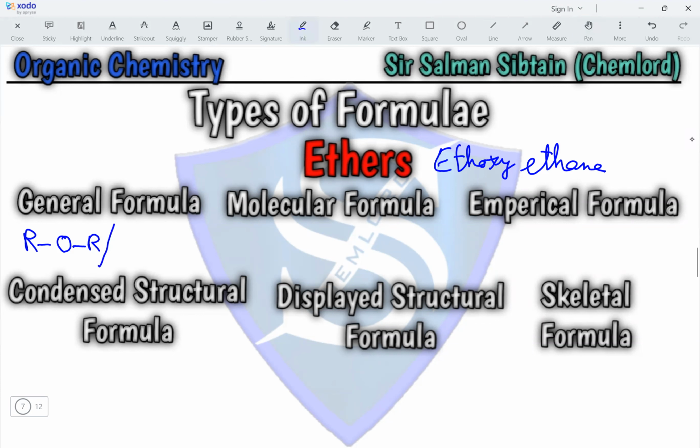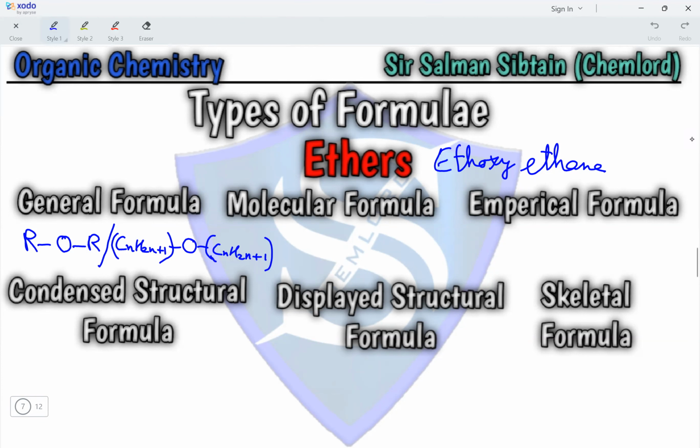And in terms of the elements present, this would be CnH2n+1 next to an oxygen atom next to another CnH2n+1. Now looking at the molecular formula of the ether, we have four carbon atoms.